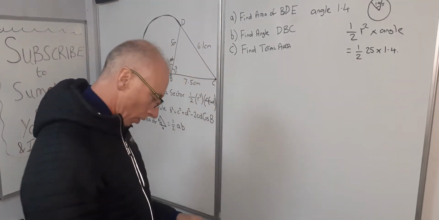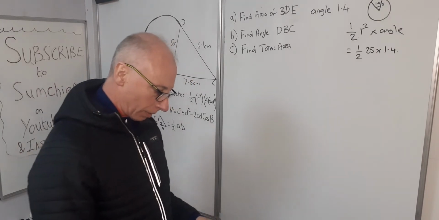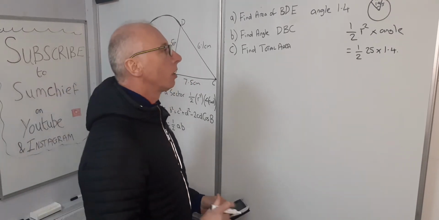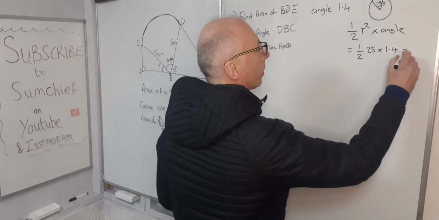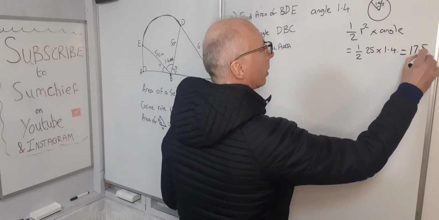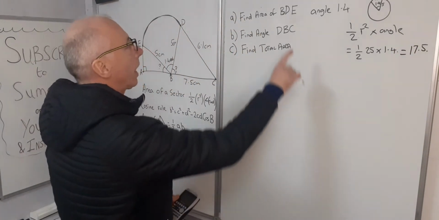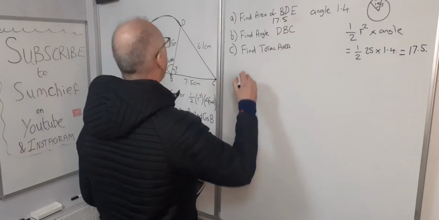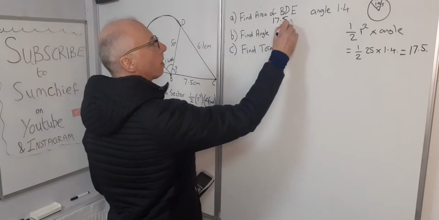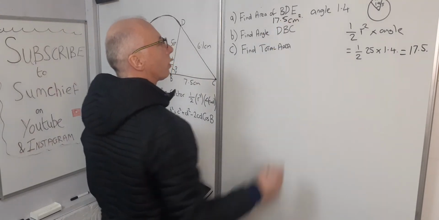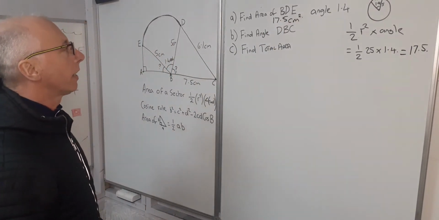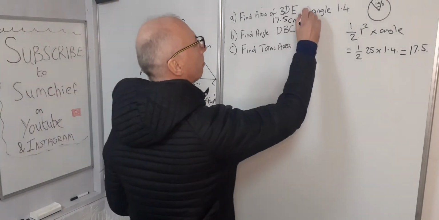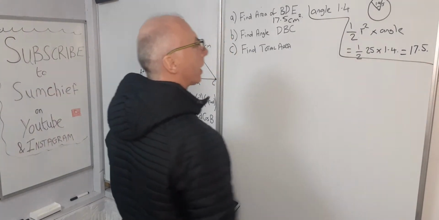If we type that into our calculator, we get 17.5. Okay, so therefore the answer to part 1 is 17.5, and this is all in centimetres, so centimetres squared. Okay, that takes care of part 1. So that can all stay in there.